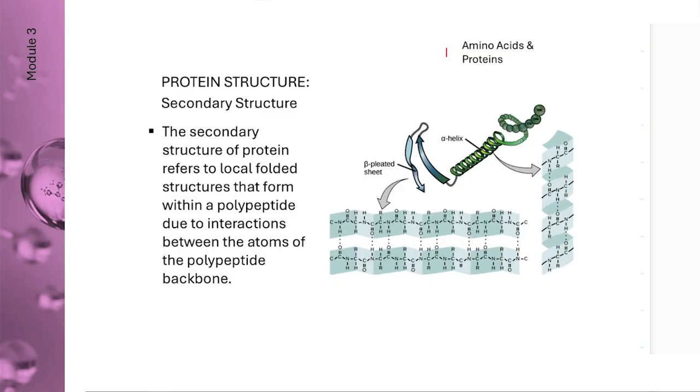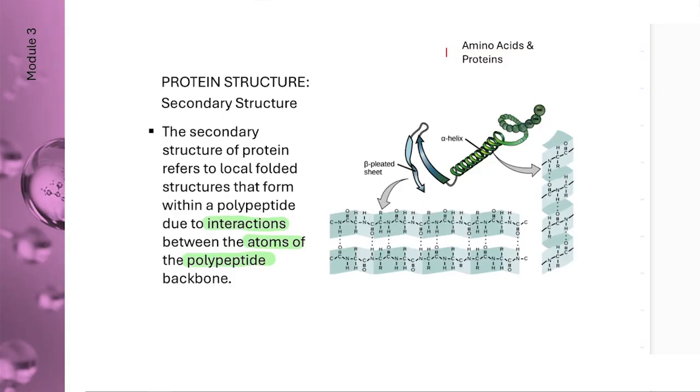You have some interactions between the atoms of the amino acids that form the backbone of the polypeptide, and the bonds that form as a result of that interaction lead to a particular folding.